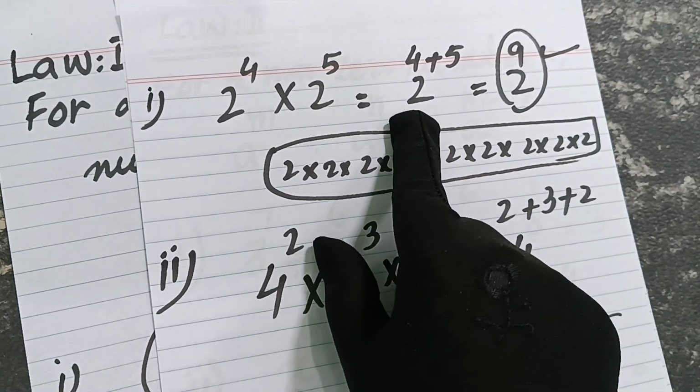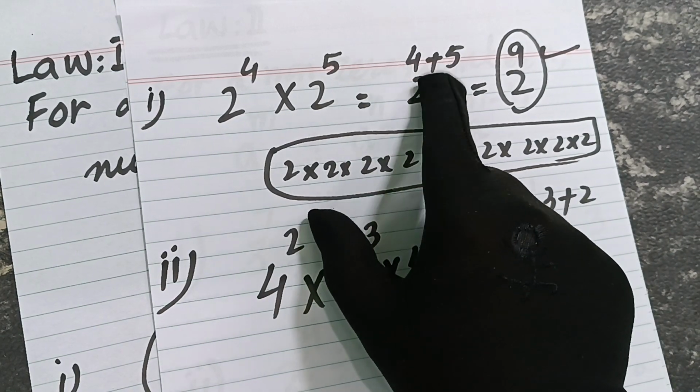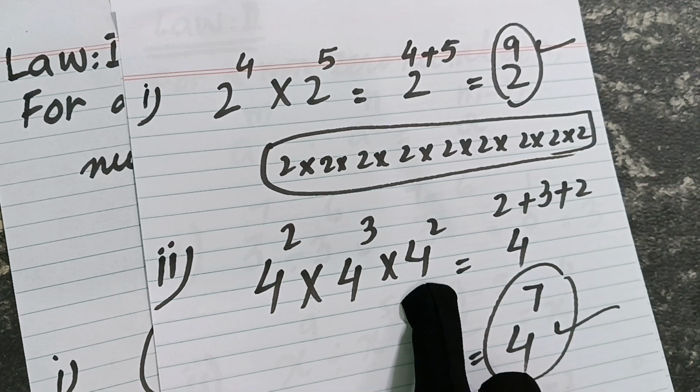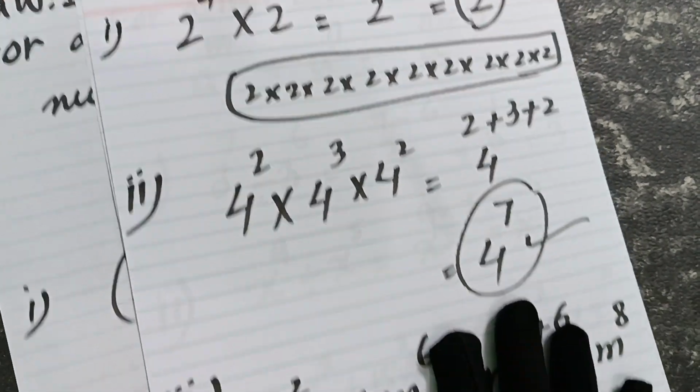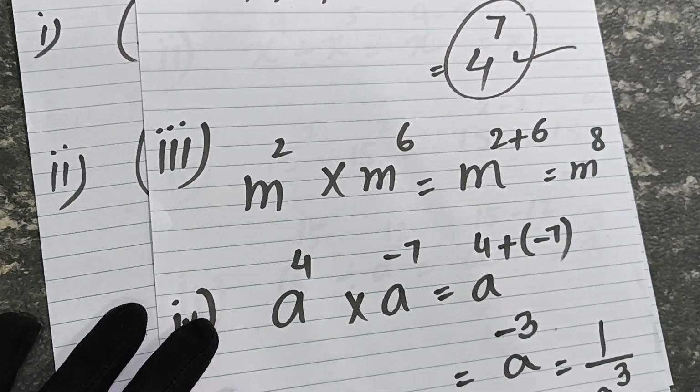Base is the same, so 2 will be written once and exponents will be added up. 4 plus 5 is 9. Same base, write it once, exponents are added up.